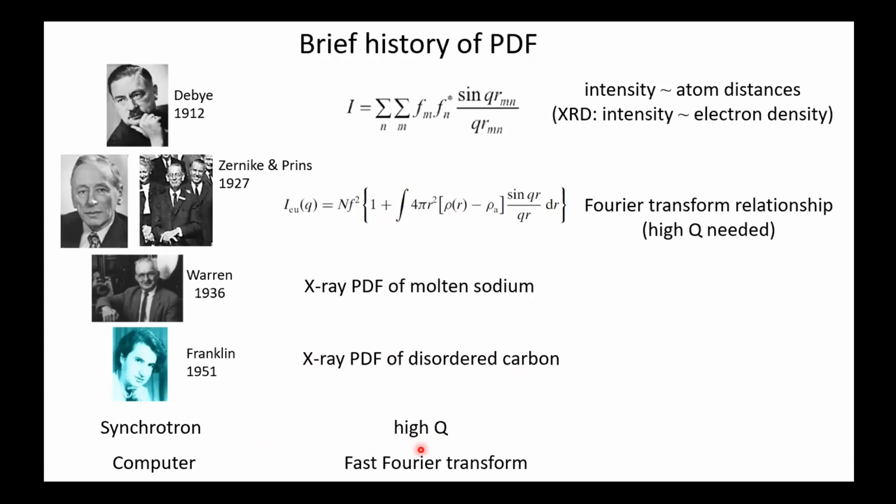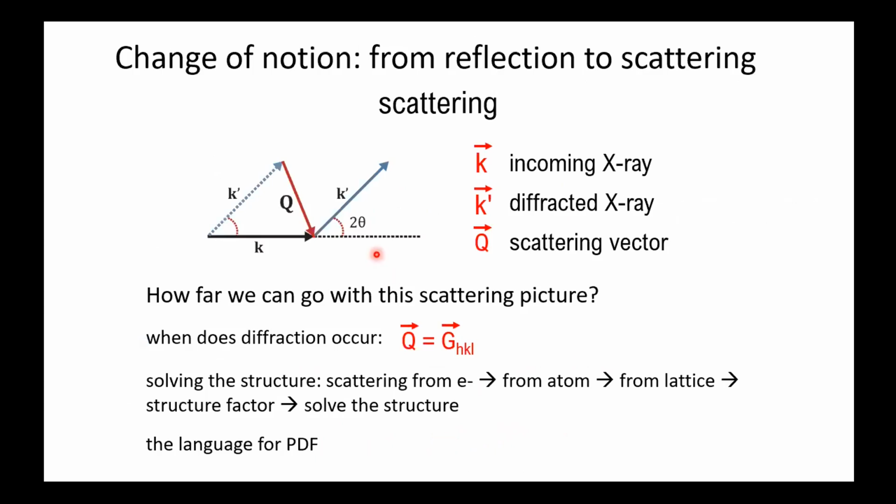So with the synchrotron, we have extremely high flux, and we also have very high energy, so we can have a very short wavelength, and both of these enable us to get a very high Q. Oh, I must apologize, I didn't point out some numerical relationship. This Q is related to both the wavelength lambda and the two theta.